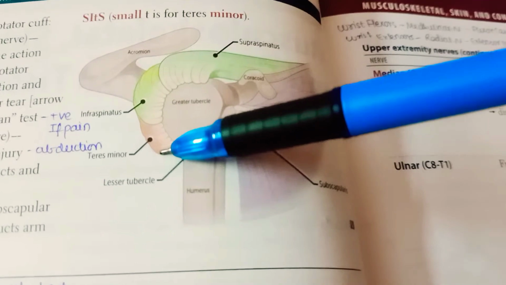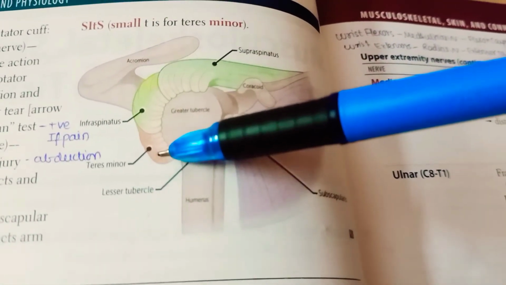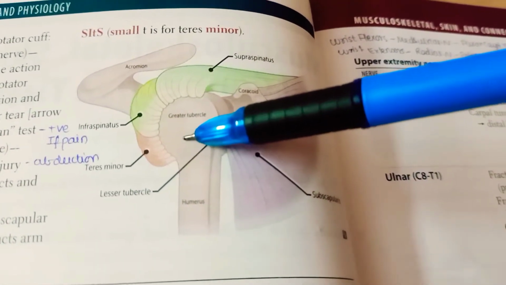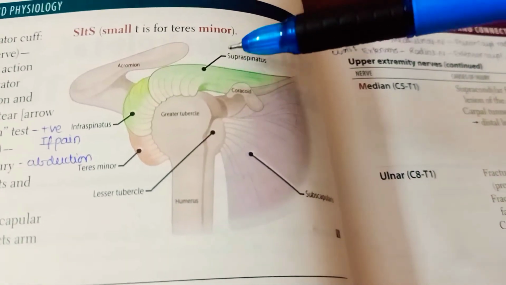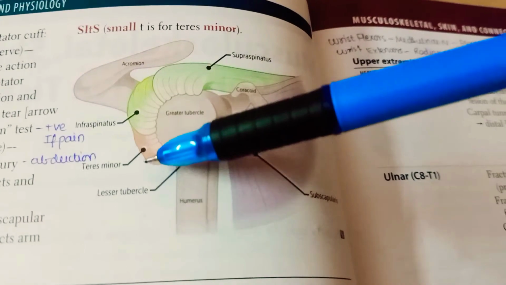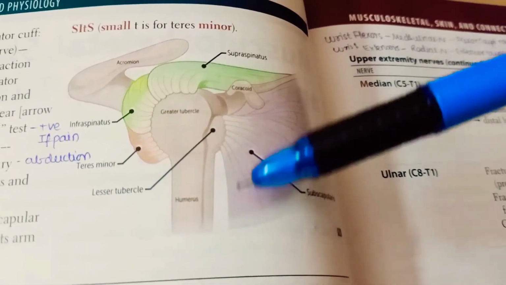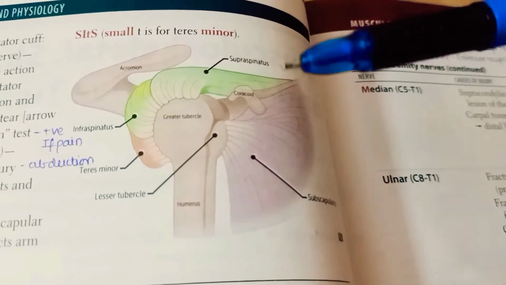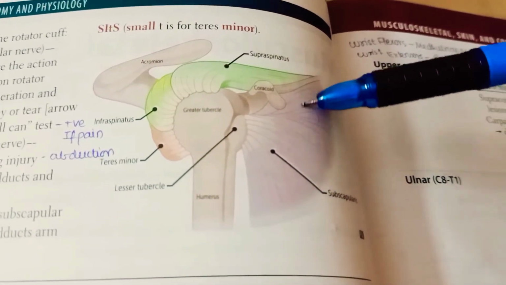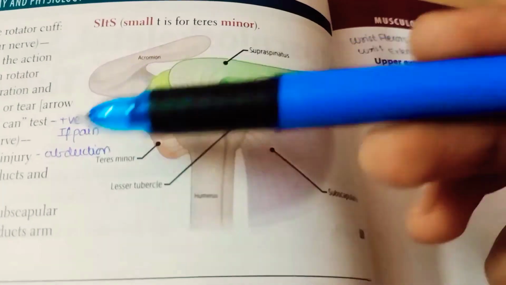Okay, so like that you can remember: teres minor is supplied by the axillary nerve, and it is used for adduction, towards the body. Abduction is away: supraspinatus, infraspinatus away, teres minor towards, subscapularis internally rotating. How to remember that the subscapularis is internally rotating? Because you can see these are like outward, these are internal.